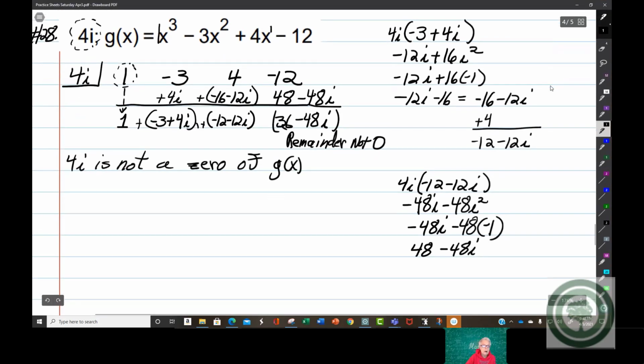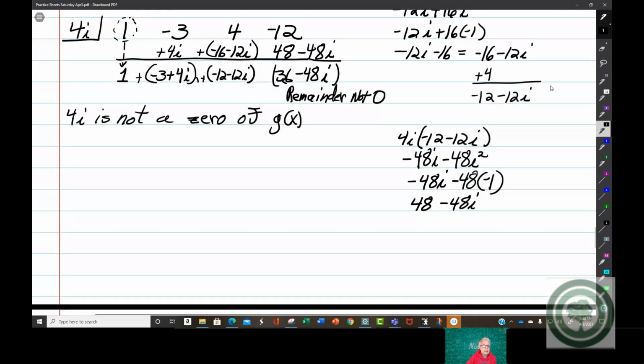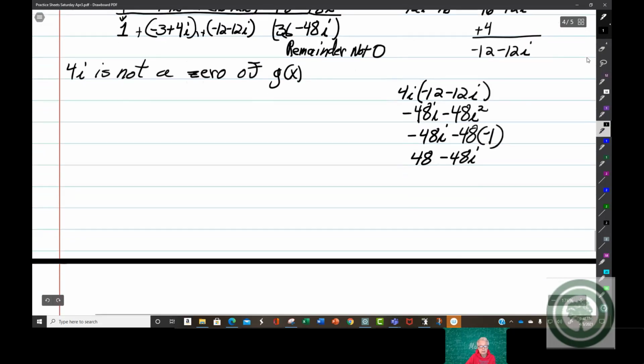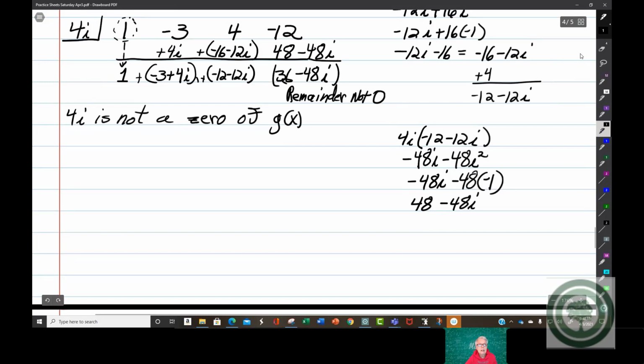So many of our theorems deal with real coefficients of polynomials. These are real and rational coefficients of this polynomial. What if they're not real? Here we have a case in point.